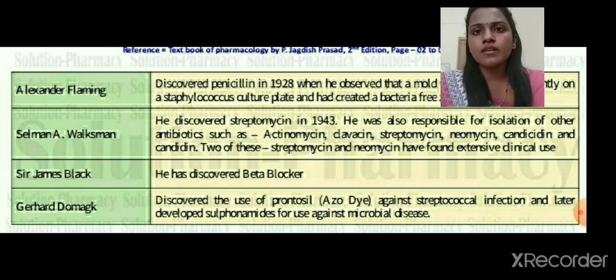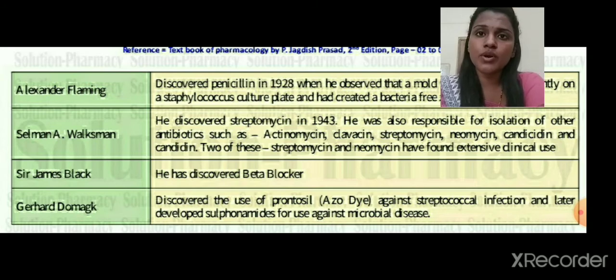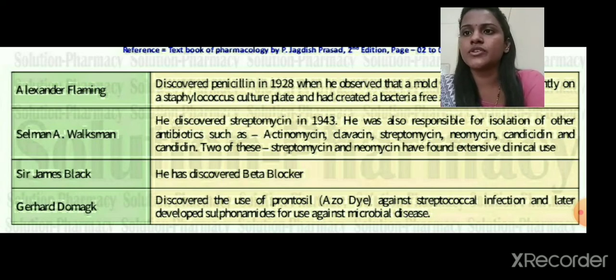A historical landmark means any important investigation which has been done in pharmacology. The first most important discovery, we all know, is by Alexander Fleming.